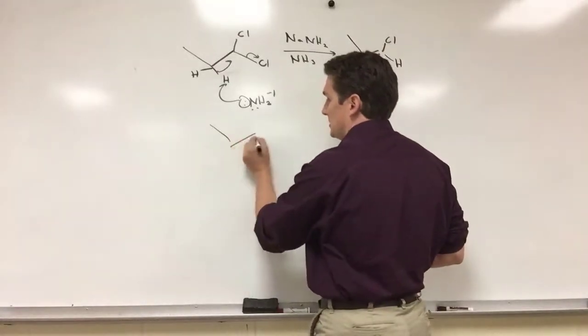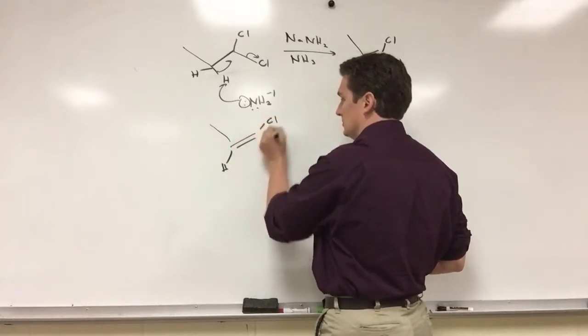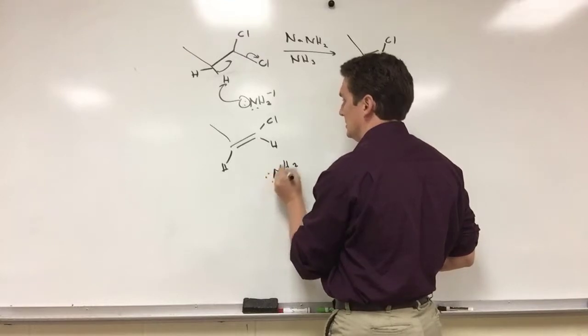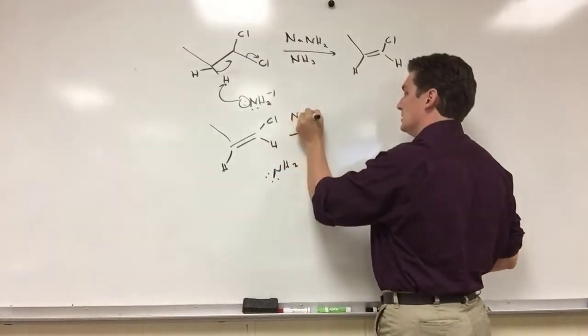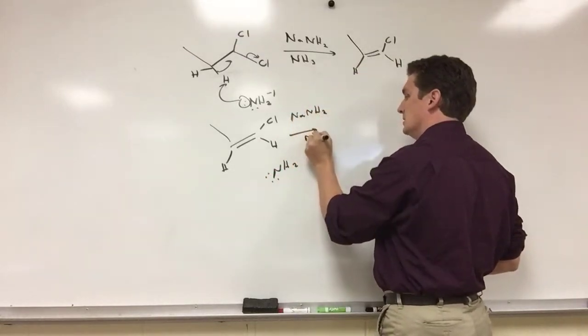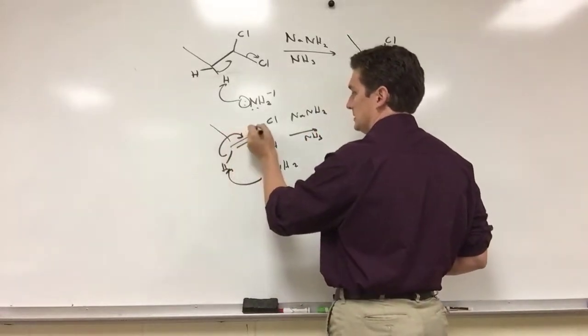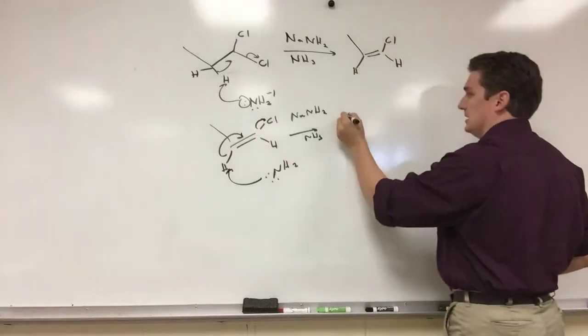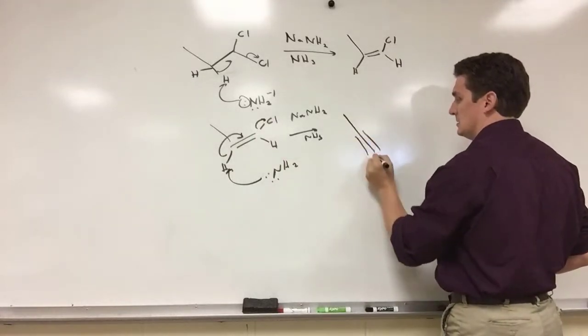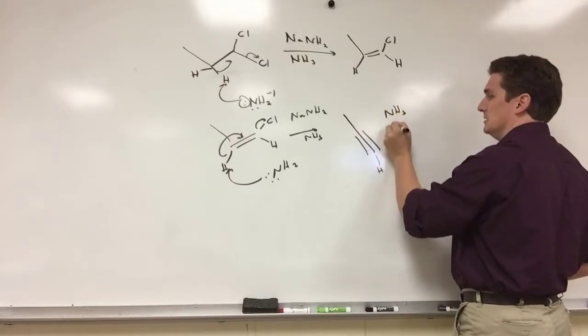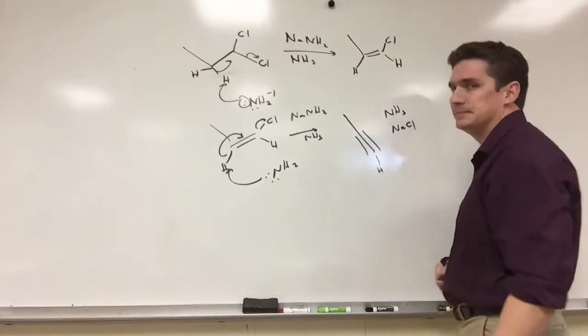So our second step in the mechanism is abstraction of another hydrogen. We get attack, collapse, and we get NH3 and NaCl.